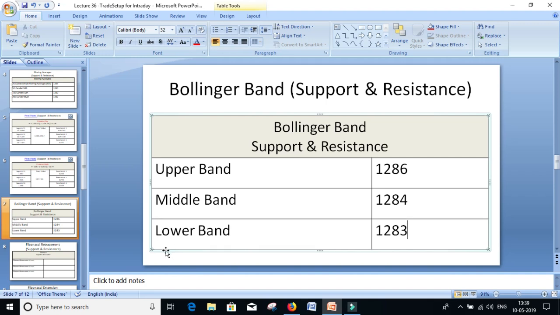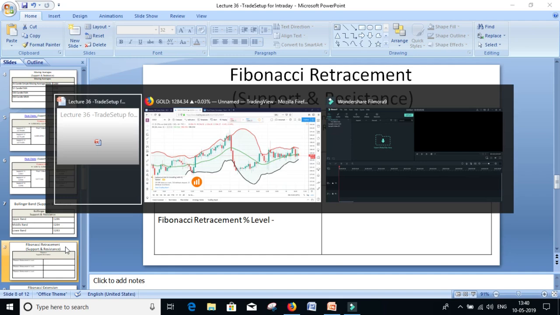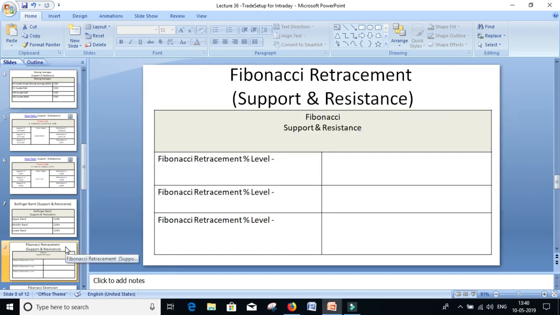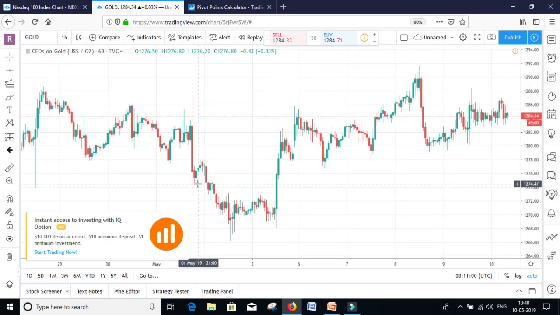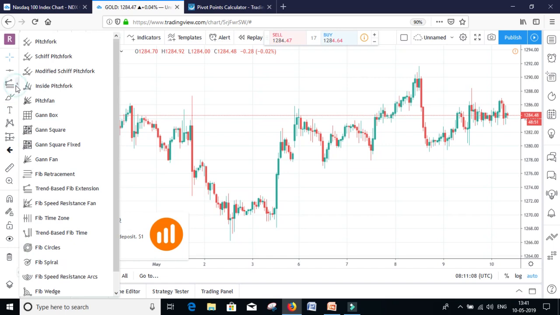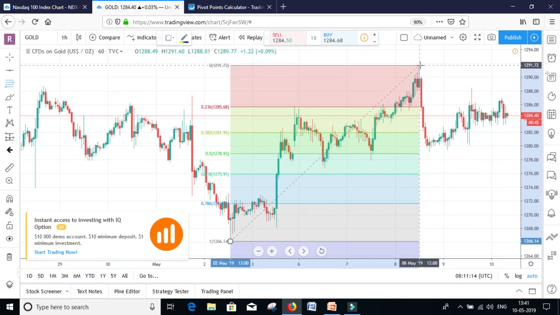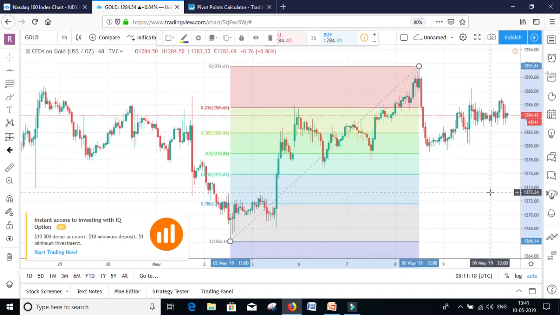Now we have to apply the Fibonacci retracement so that we can easily understand the support and resistances. Here is that level. We can easily identify the retracement levels, and we draw it from bottom to top so that we can identify the major supports where the price is taking support.